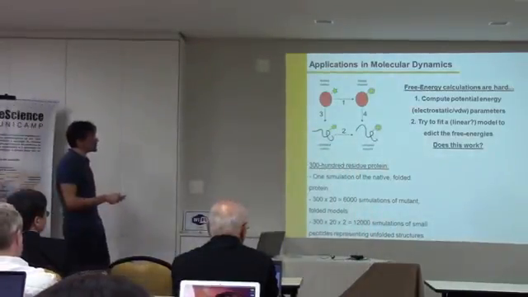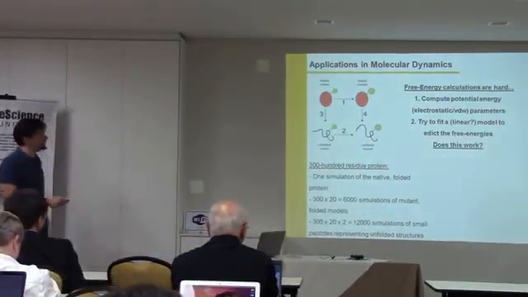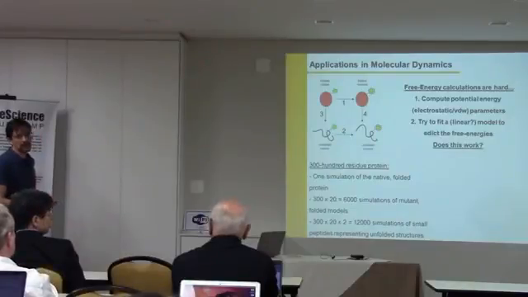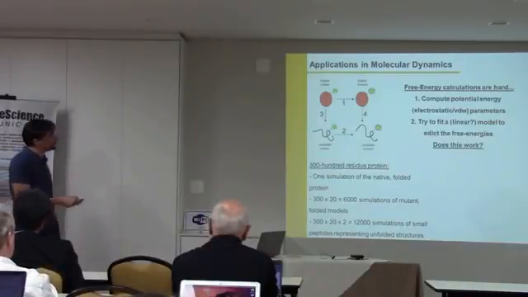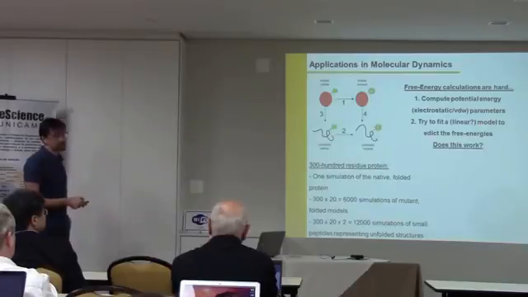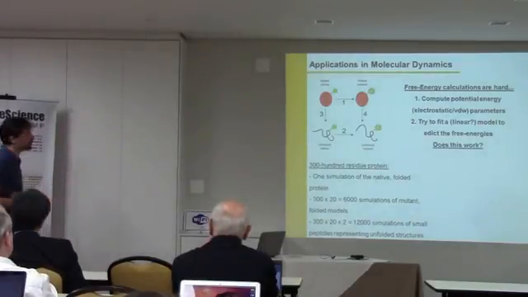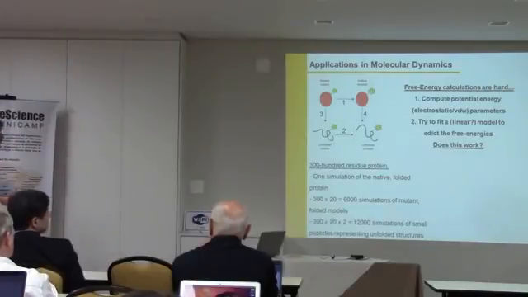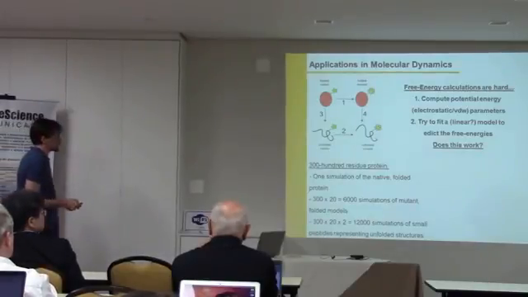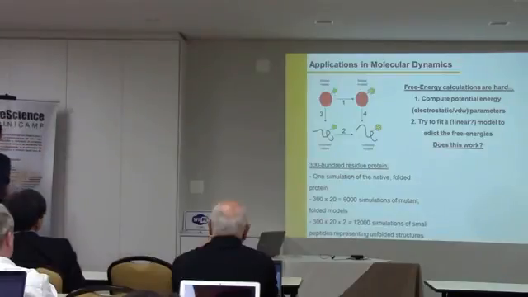Using only these potential energy parameters, we are going to try to fit a linear or nonlinear model to predict the free energies only from potential energy parameters, which can work or may not work, we don't know. So we are going to ask if this works. We are trying to do this in a high throughput strategy.